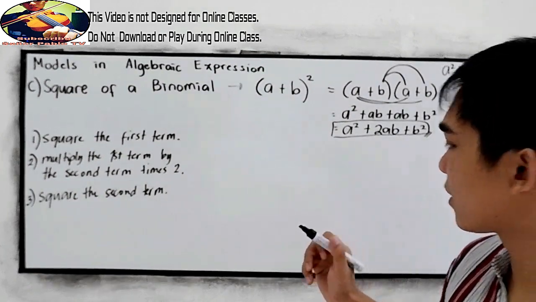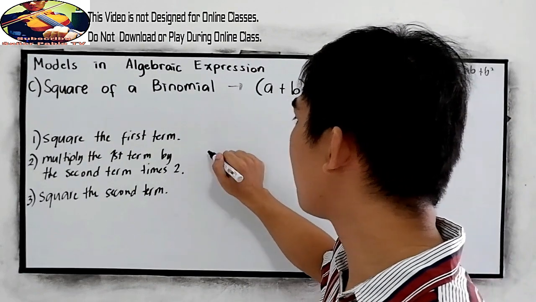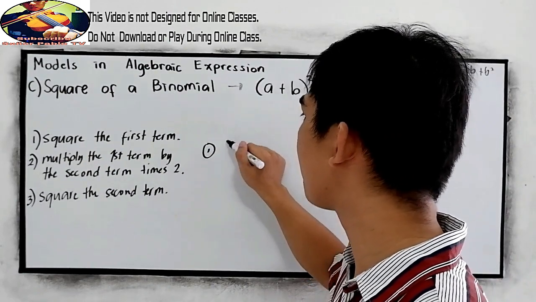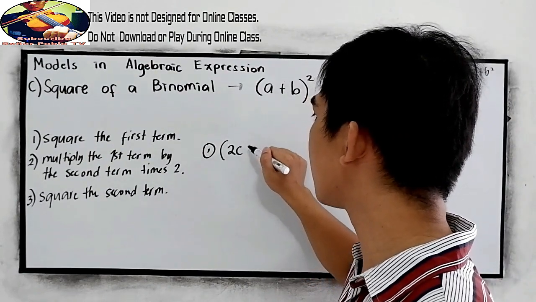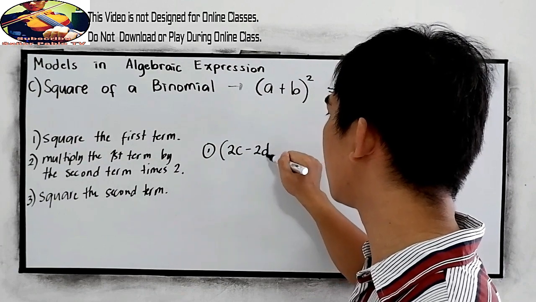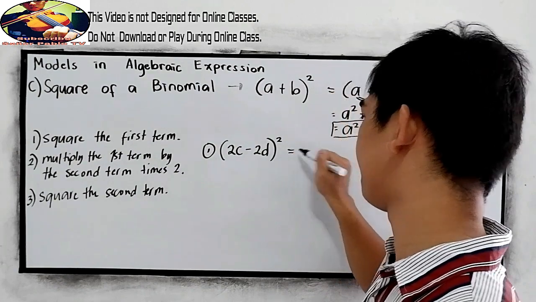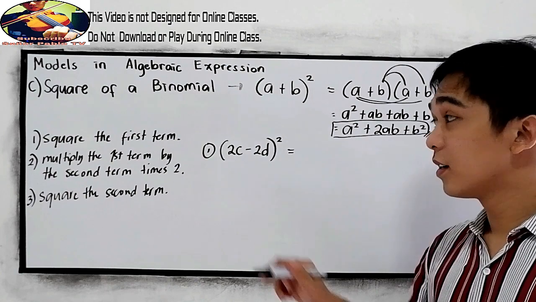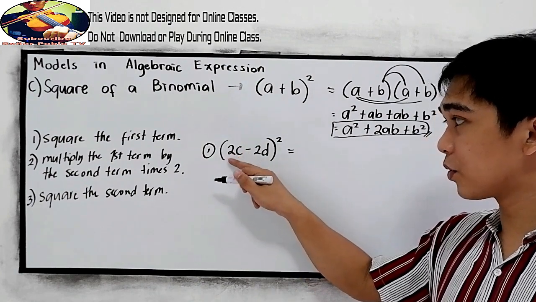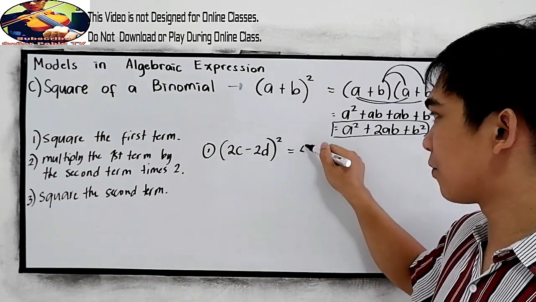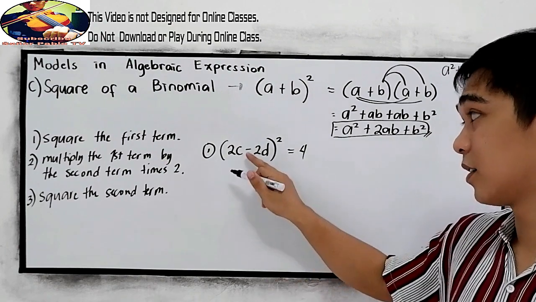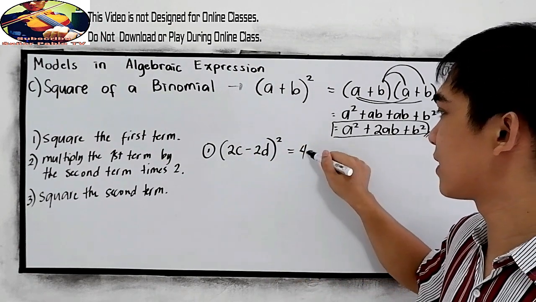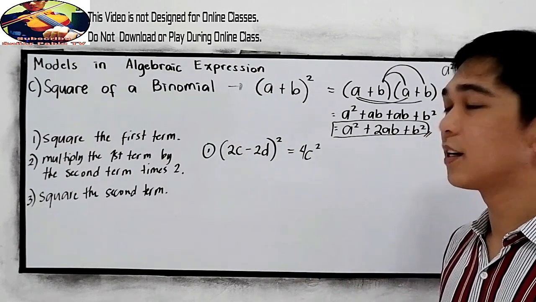Okay, let us try examples. So number 1, let's say we have 2C minus 2D raised to 2. Square the first term. 2 squared, that is 4. C squared, that is C raised to 2.